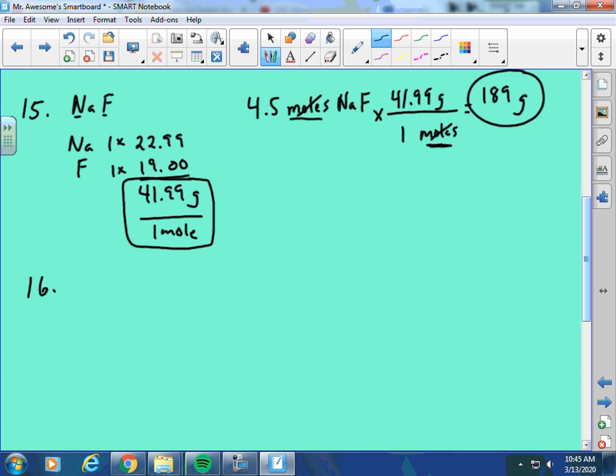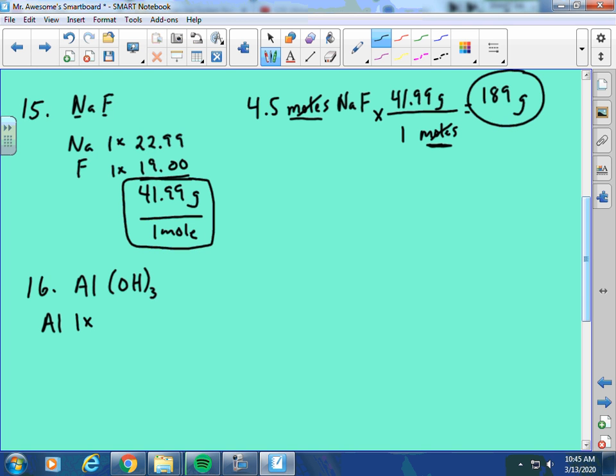Now the formula here is Al(OH)3, with the OH in parentheses. So when we find the molar mass, let's write down what's in it. I've got Al, and Al is not in parentheses, and there's no number after it, so it's just 1 time.